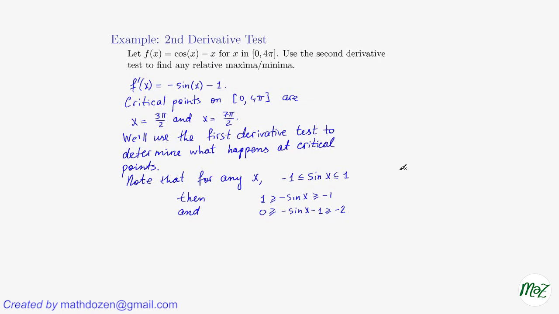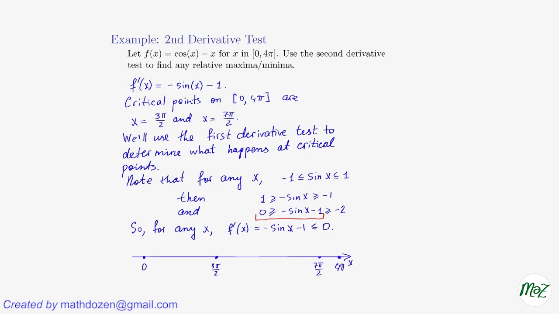And as soon as we subtract that, we arrive at 0, negative sine x minus 1, and negative 2 in all the places. So what it says is that our derivative, which is exactly negative sine x minus 1, will always be less than or equal to 0. That's the part that is useful to us. And since the derivative is negative in most places, we can see that on all the intervals between 0 and 4 pi, the derivative is negative, and the function will be decreasing.